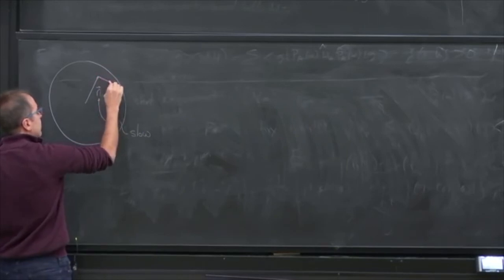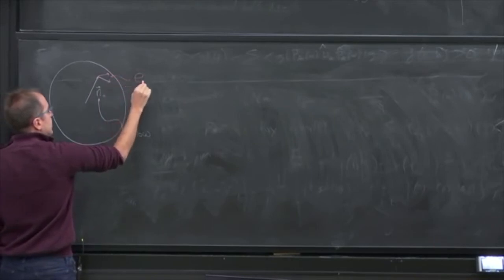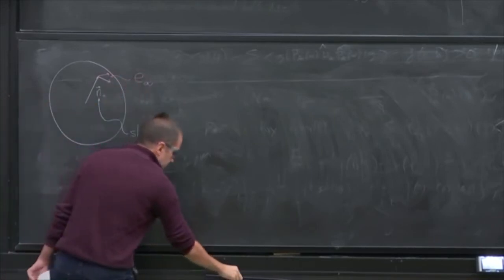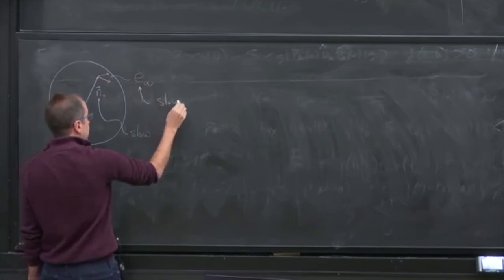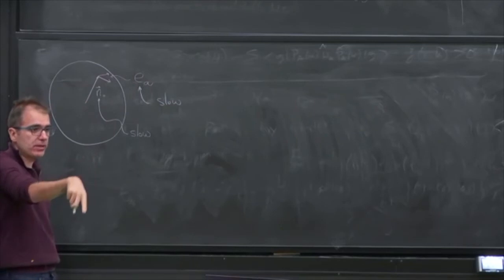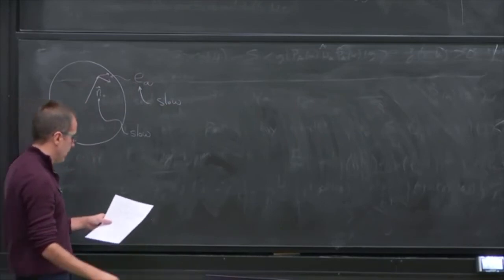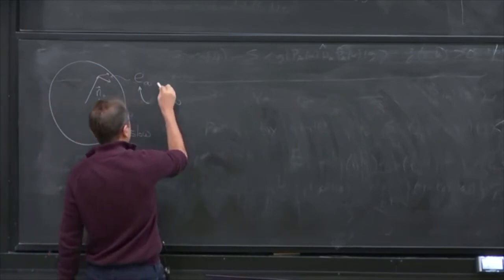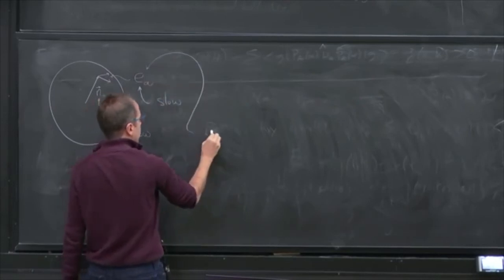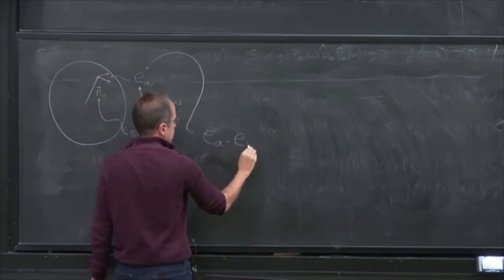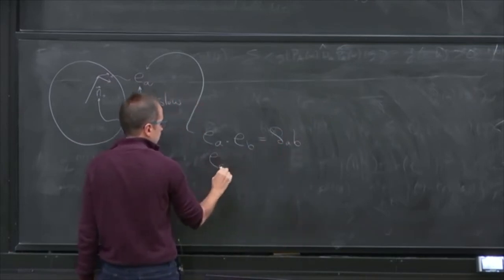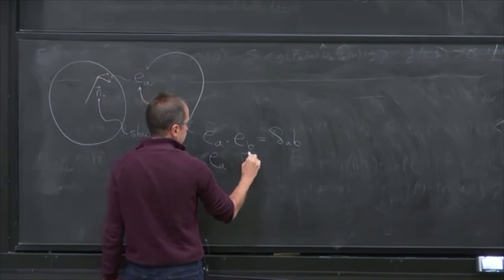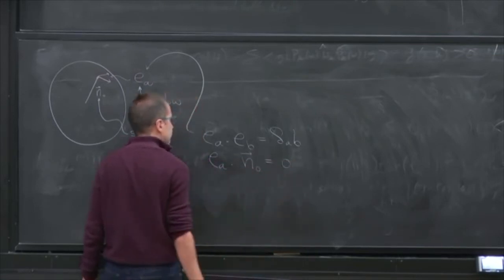You can define some vectors e_A, which will also be slow because they are related to this vector n0 by being orthogonal to n0. And this e_A would obey that e_A dot e_B is equal to delta_AB, and that e_A dot n0 is equal to 0.